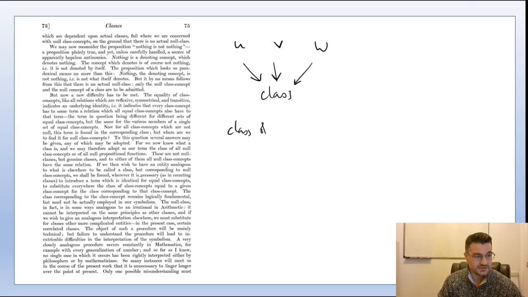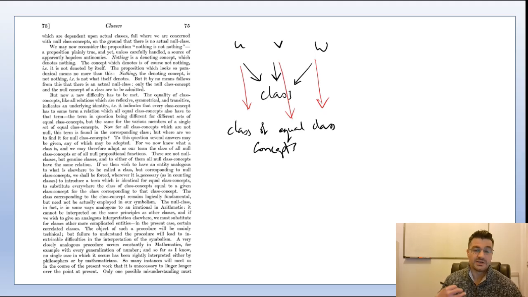So it's a class of equal class concepts, which correspond to a particular class. So U, V, and W all also have a relation to this. It's a different class, okay? But U, V, and W will be, I guess, members of this class, right? The class of equal class concepts.